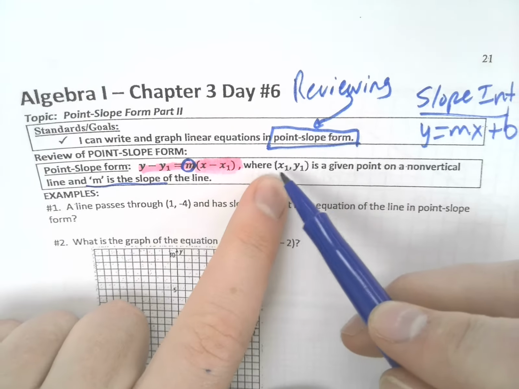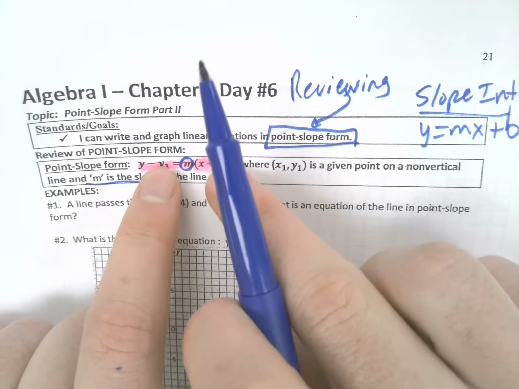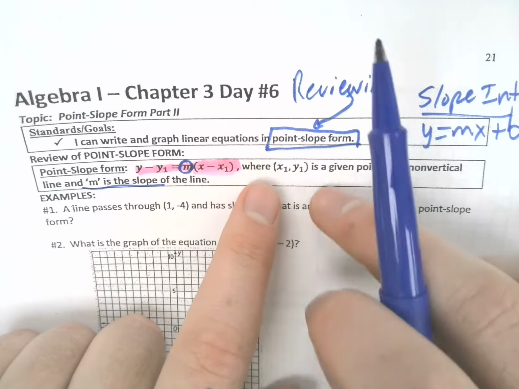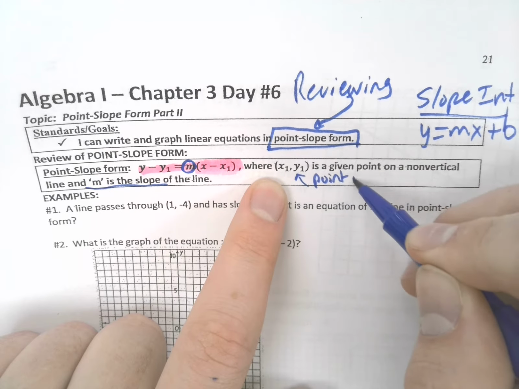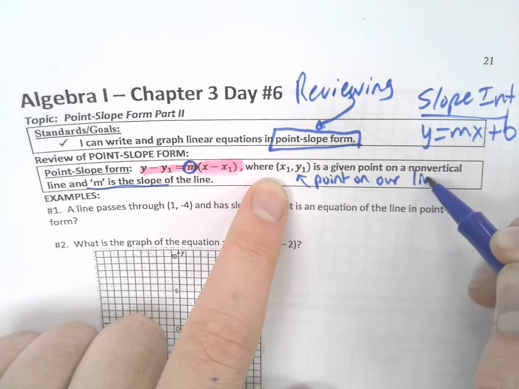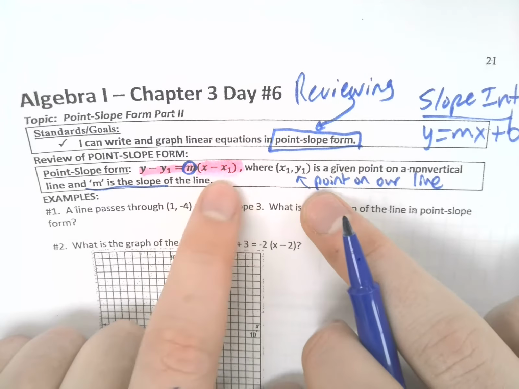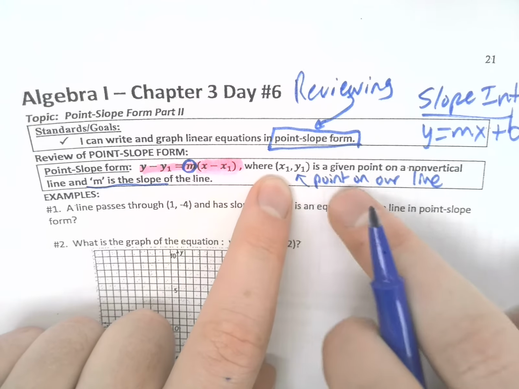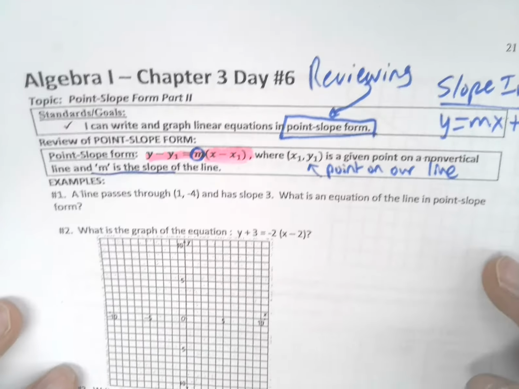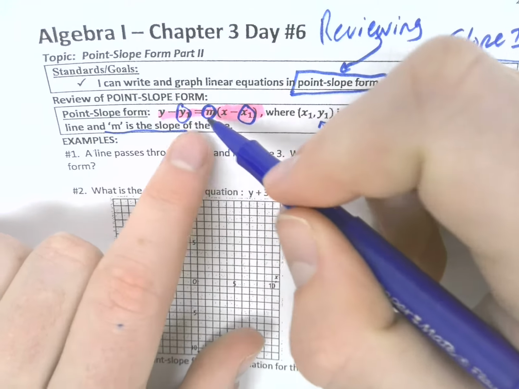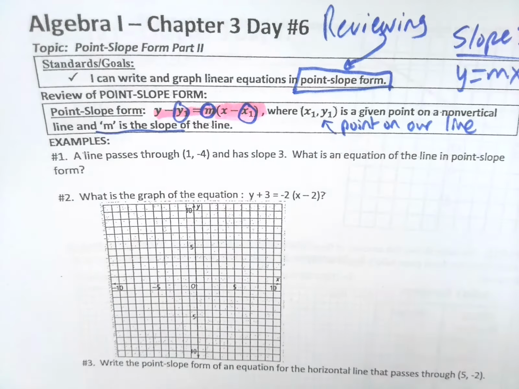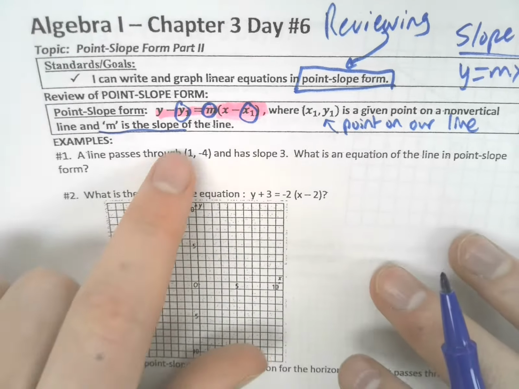There is the point, x1, y1, that we can pull out of this equation to know that this is a point on our line. We pull out the x1, y1 and create a point that we know is on there. And then of course m. Those are our three biggies.